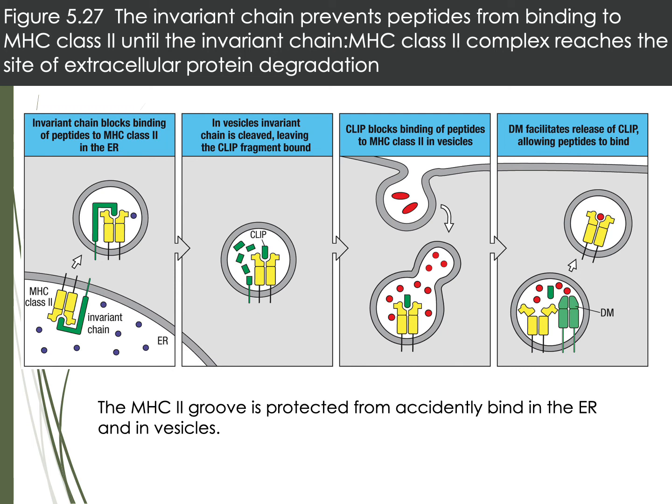HLA-DM is the protein that facilitates the release of CLIP that then allows a peptide to bind, and so then when a peptide is bound, the MHC class 2 can move to the surface where it can undergo presentation and interact with a T cell receptor.